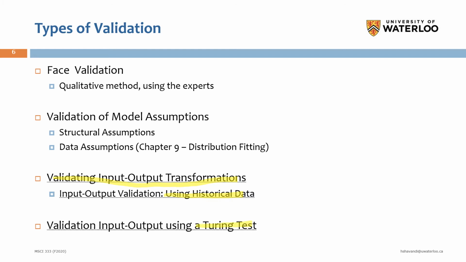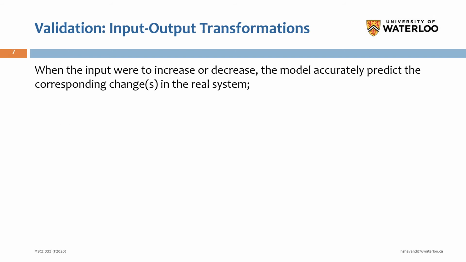The last two are objective validation methods, and the first two are in the category of subjective validation methods. In validation of input-output transformation, we usually increase or decrease the input data to see the response from the simulation model, and then we compare that response, that reaction, with the real system.